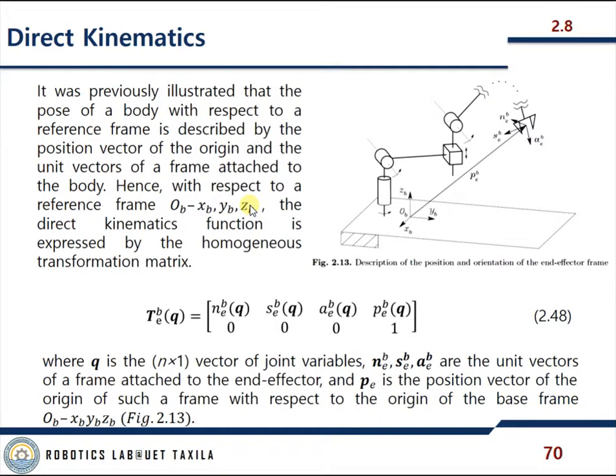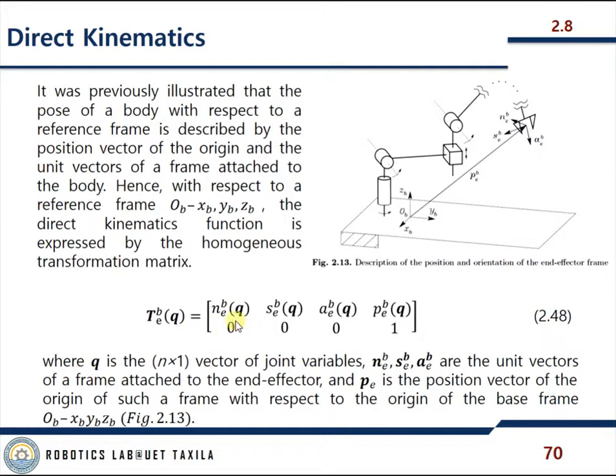It was previously illustrated that the pose of a body with respect to a reference frame is described by the position vector of the origin and the unit vectors of a frame attached to the body. Hence, with respect to a reference frame called OB, which is the body frame, the direct kinematics function is expressed by the homogeneous transformation in which we are moving from end effector to body frame.